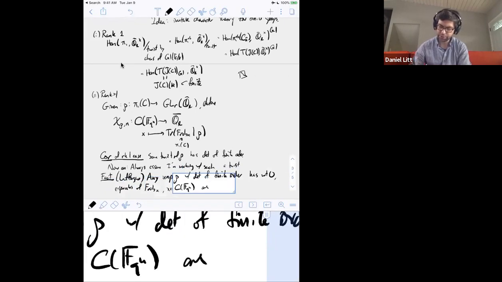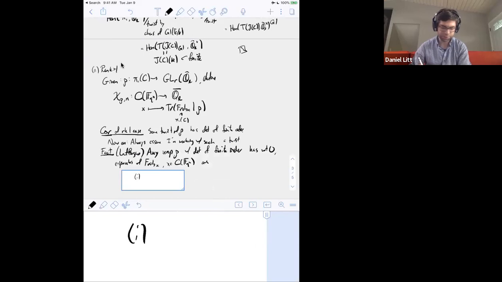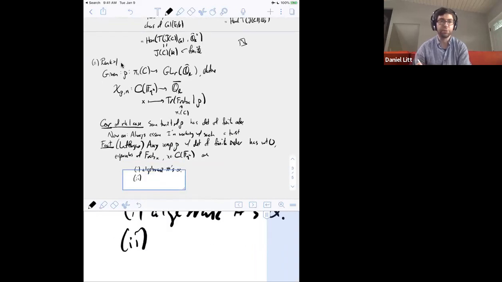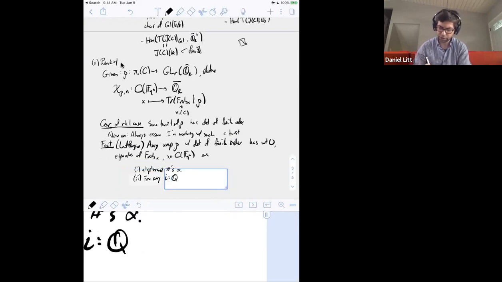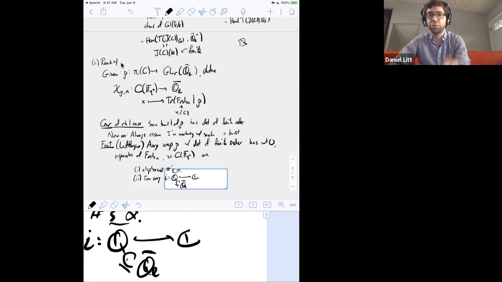are, well, first, they're algebraic numbers. And second, they're not just any algebraic numbers, they're really special algebraic numbers. So for any ι, well, that's going to be a map from Q bar into C. And here we're going to view Q bar as living inside of Q_ℓ bar, right? Because these eigenvalues a priori just start as algebraic numbers inside of Q_ℓ bar.